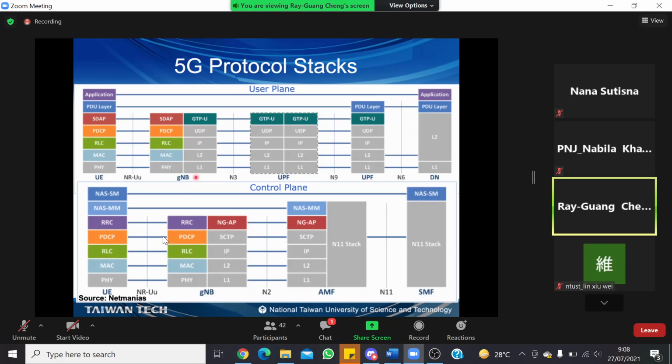So this is the base station. This part is the core network. So we just saw that in LTE, they call this the S1 interface. But in 5G, this is the N3 interface for user plane, N2 interface for control plane.